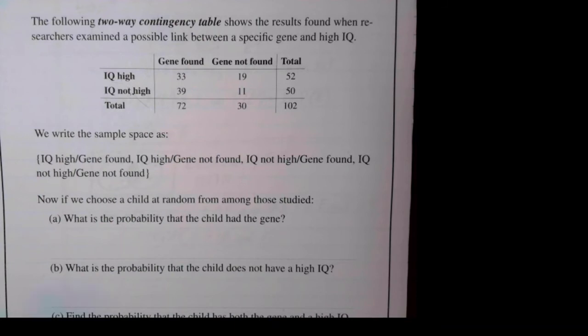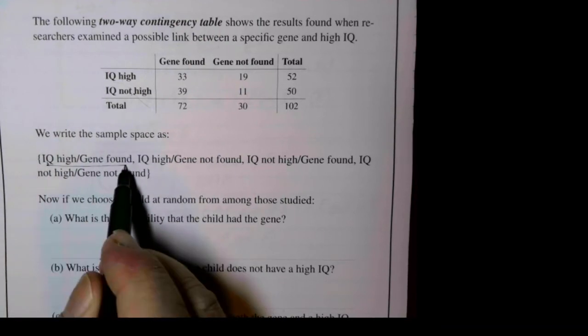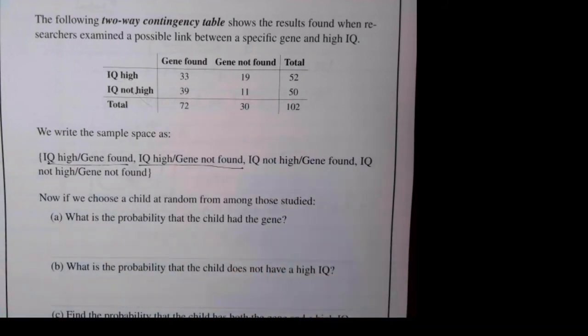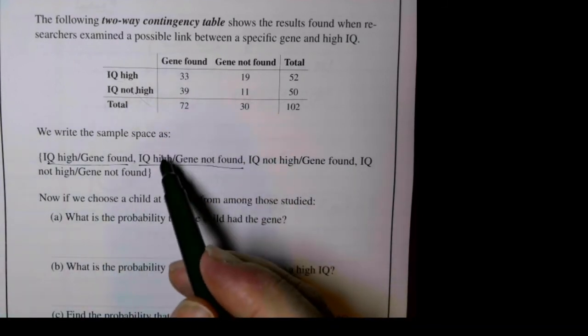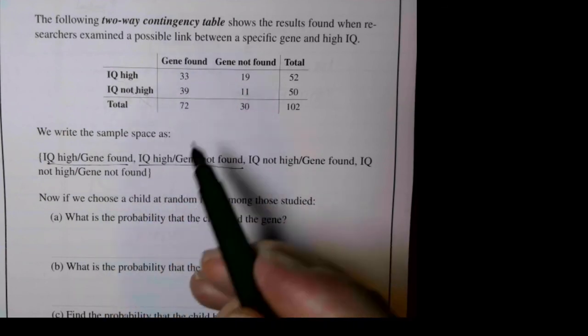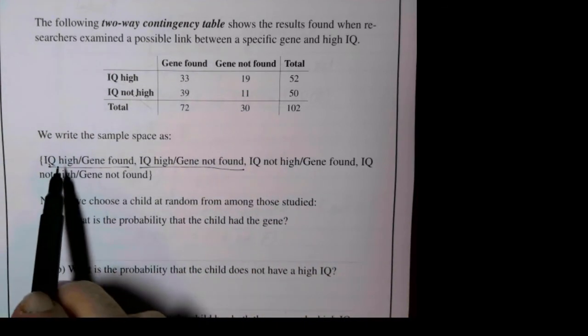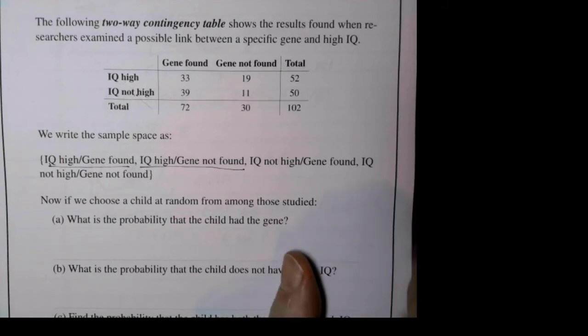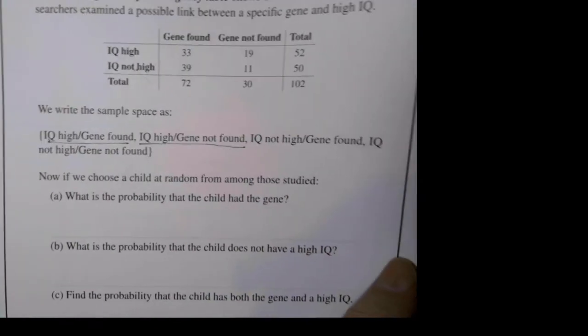There are 4 possible outcomes, and we write them this way: IQ high, gene found; IQ high, gene not found; and so on. This kind of contingency table setup is the only time you will see sample spaces written this way in this course. They're pretty easy to identify in problems.